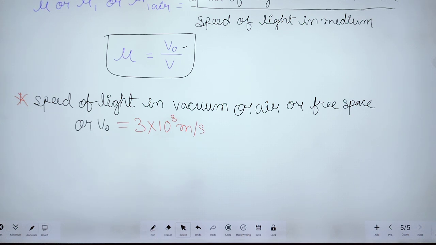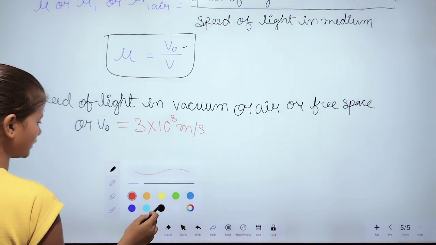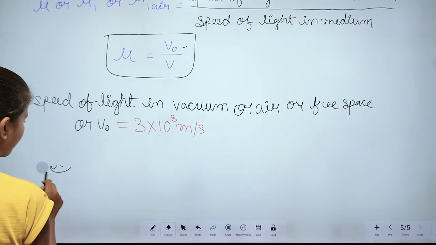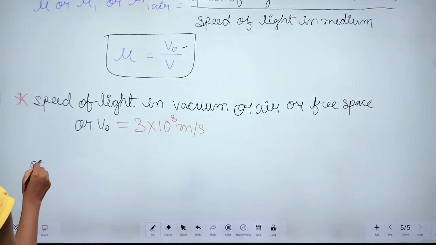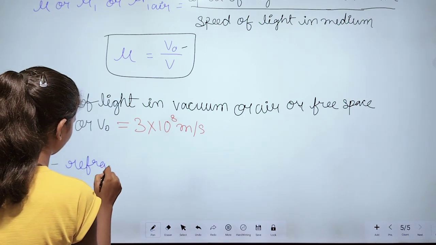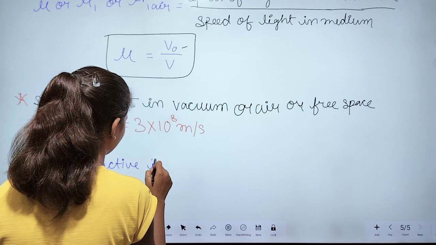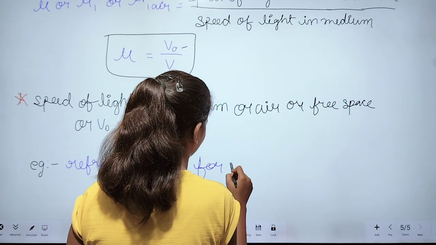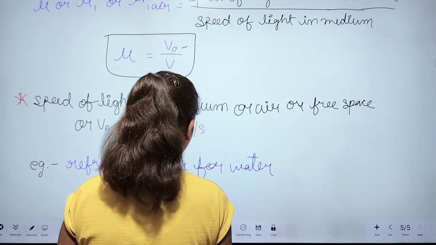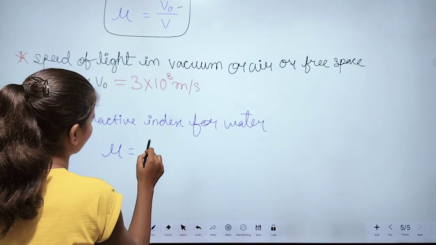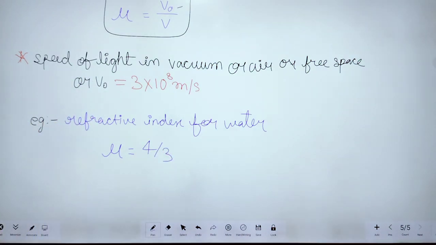Now let's see, for example, refractive index for water. Refractive index for water, mu is equal to 4 by 3.